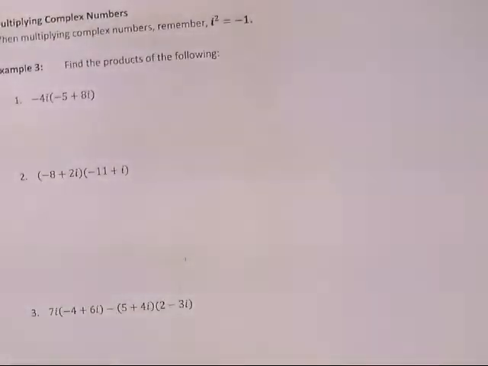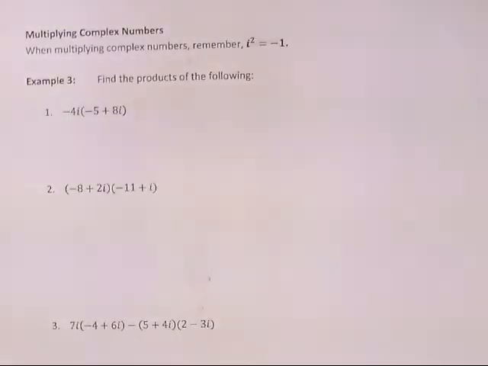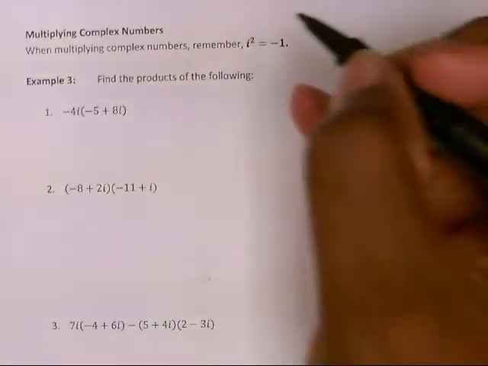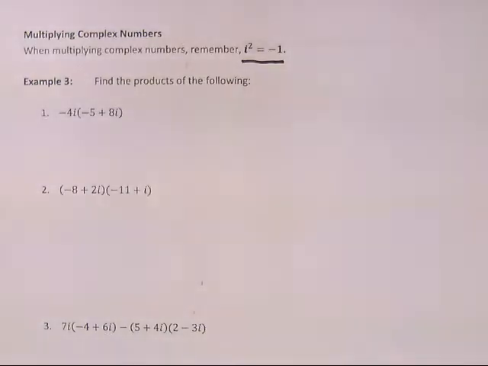Alright, next we'll look at how to multiply complex numbers. Now pretty much you have to use either the distributive property or the FOIL method to multiply complex numbers. But here's one thing you need to know. Anytime you have i squared, that's always going to be equal to negative 1.